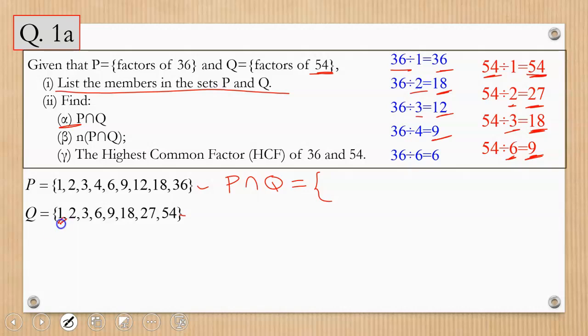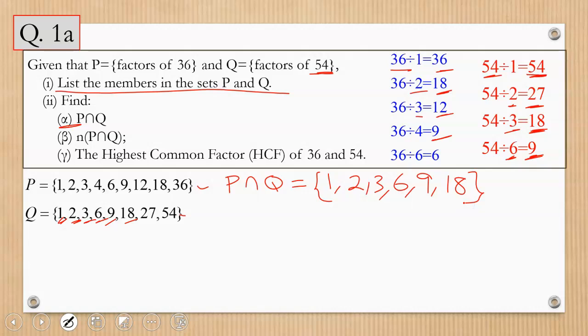So we can see 1, 2, 3, 6, 9, 18 are the numbers that can be found in both sets, and that forms the intersection.